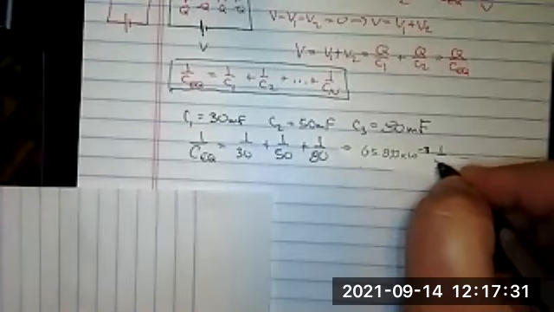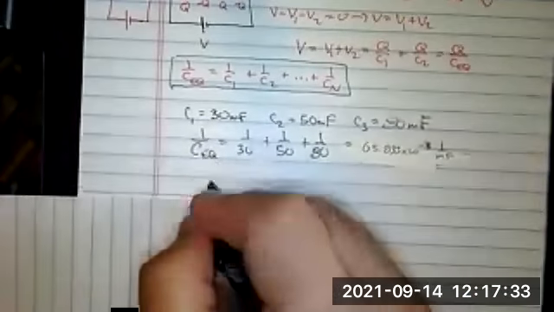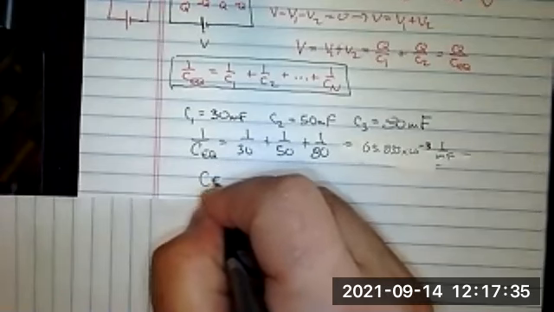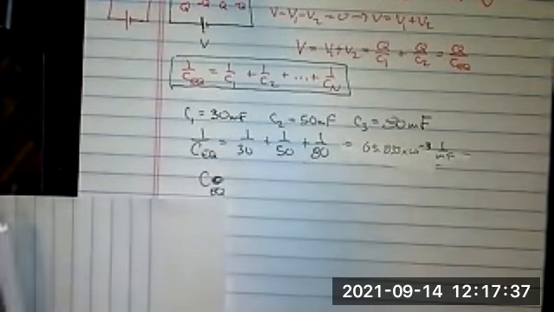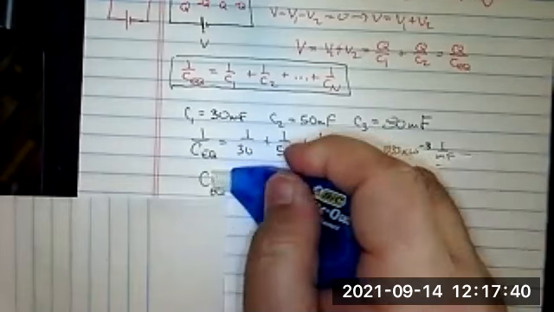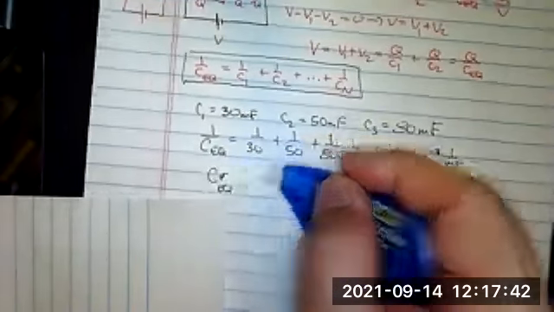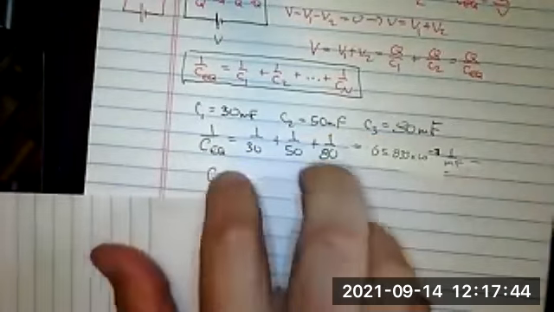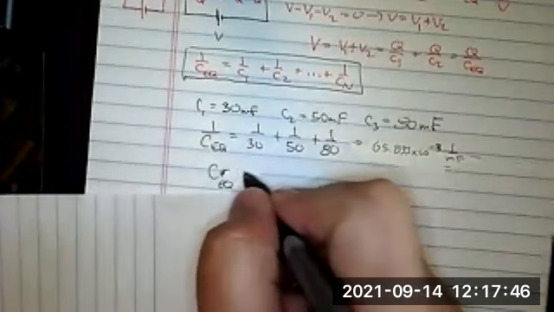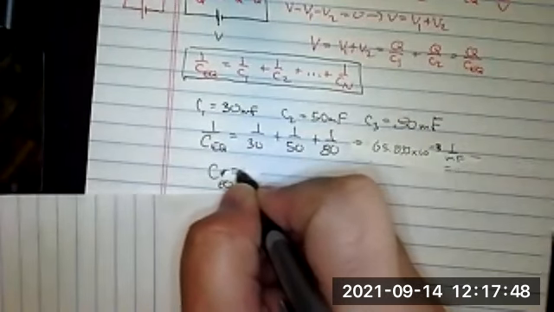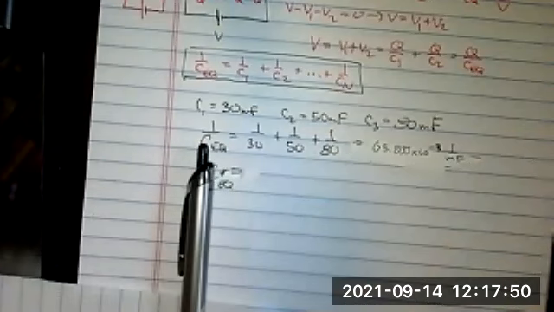And that's 1 over microfarads. So that means C equivalent... I really did a horrible job on that. Anyway, C equivalent is going to be 1 over that.